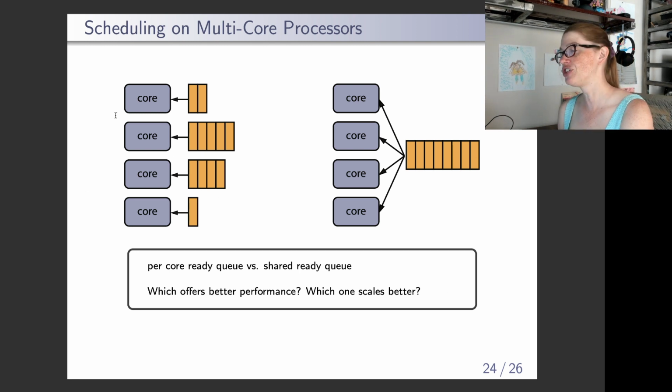The alternate solution is this per core ready queue. Essentially you could think of it as each core having its own scheduler. It scales really well because you don't have contention for a shared resource. You also get really great cache affinity because if you were running on core 1, then you're going to go back to running on core 1, because that's the only option that you have.